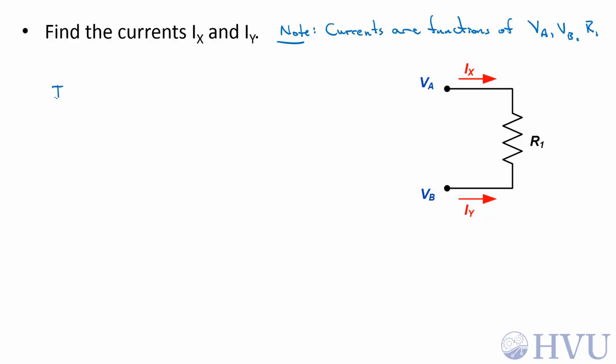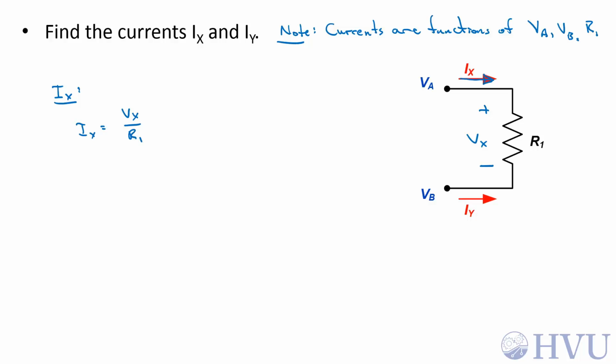First, let's take a look at Ix. If I'm going to find this current from Ohm's law, I have to define a voltage such that the passive sign convention is satisfied. That means that assumed positive current enters the assumed positive voltage terminal. So I need to define the voltage Vx this way if I'm going to use Ix is equal to Vx over R1.